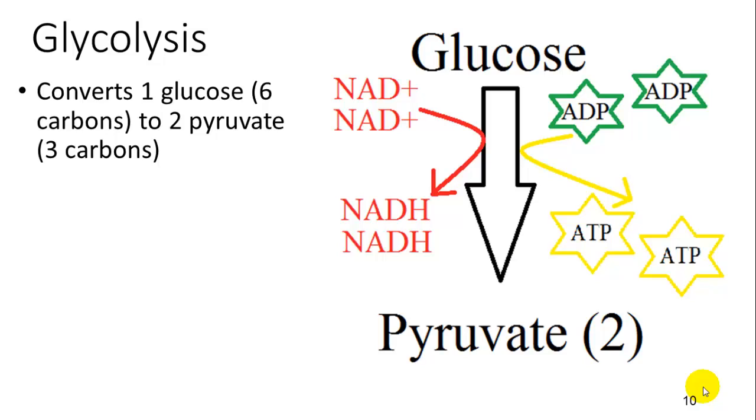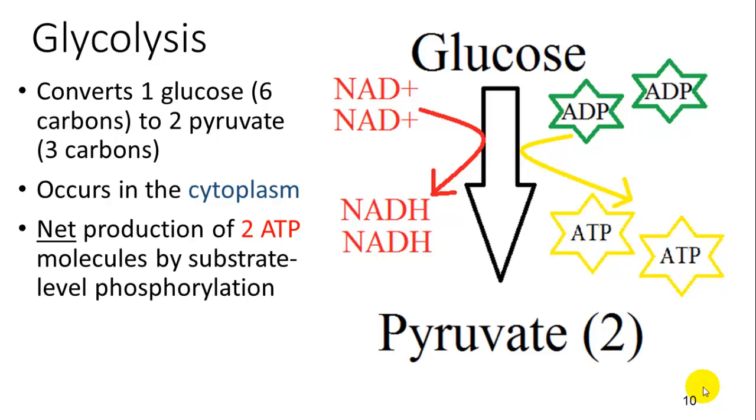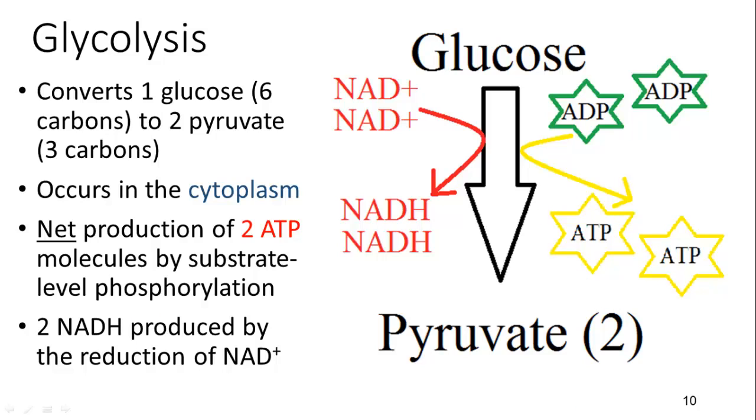Which makes sense. You start with 6, split it up, it becomes 2 3-carbon molecules. This occurs in the cytoplasm, and you have a net production of 2 ATP molecules, so you get 2 energy molecules out of this reaction. But it also produces 2 NADHs by reducing 2 molecules of NAD+.